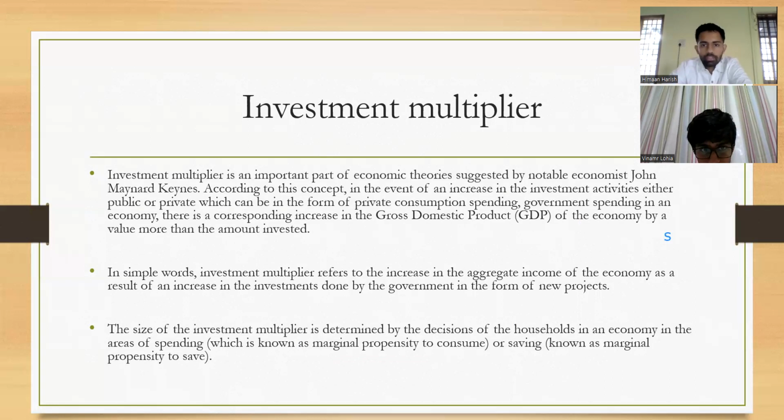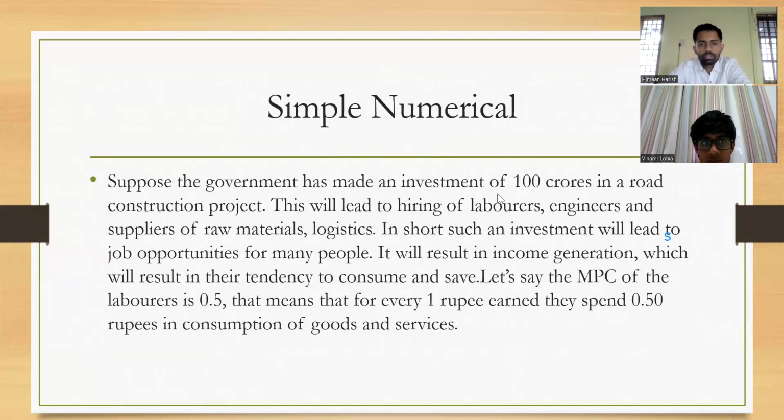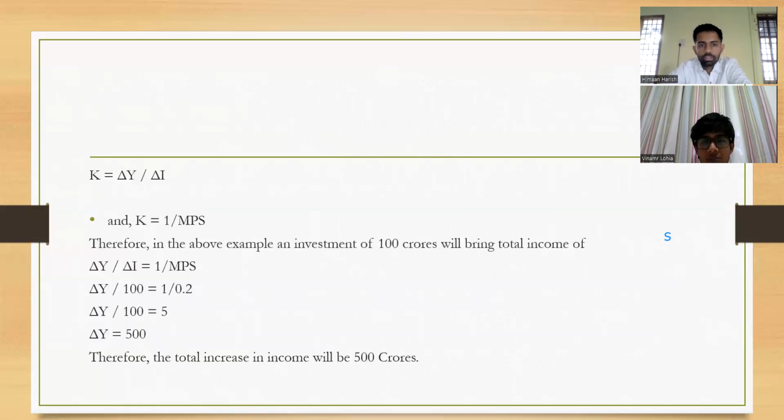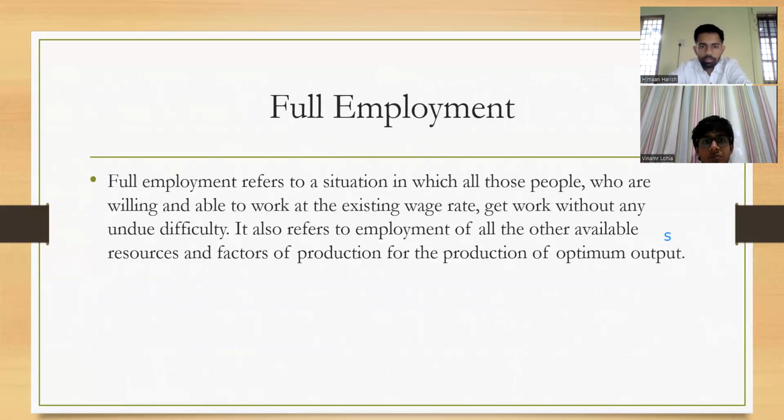Do you want to solve the investment multiplier first, because it's a long process, or do we move on to full employment, which is just a definition? Then we'll do the definition first.